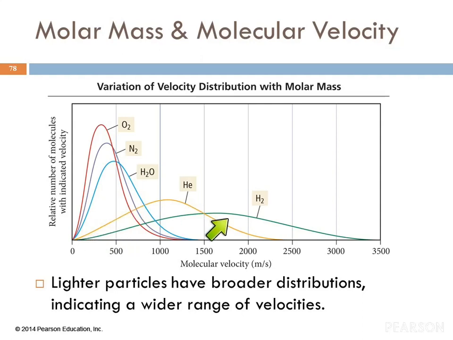And so we see that hydrogen, which is the smallest mass particles, is going to have the highest average molecular velocity. So the smaller particles are going to be moving faster, but they also have a much broader distribution than the larger ones. There's oxygen, and it's got a much tighter curve here.